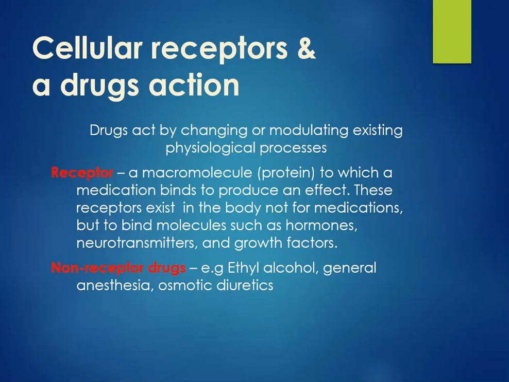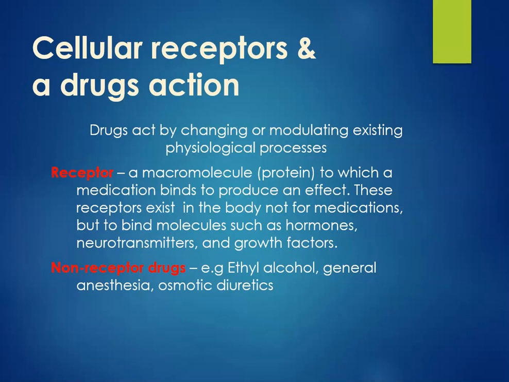And these receptors exist in the body, not for medications, but really for other molecules such as hormones and neurotransmitters and growth factors. But we can dress up our little drugs in their little outfits and make them look like one of those things, a hormone or whatever, and our drug can go in and bind to that molecule.